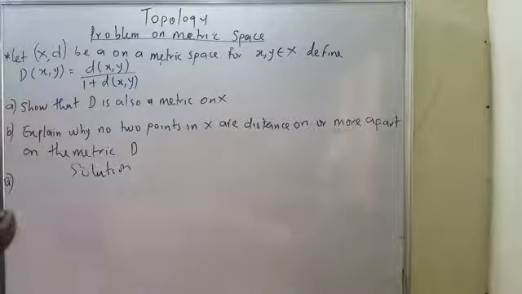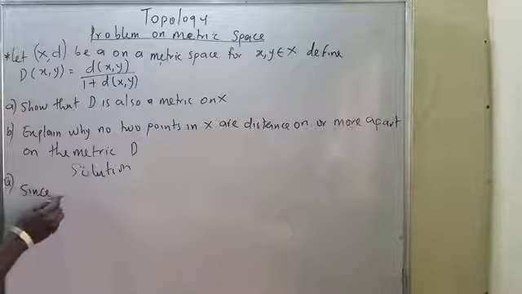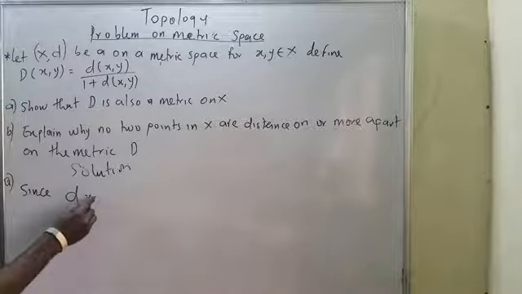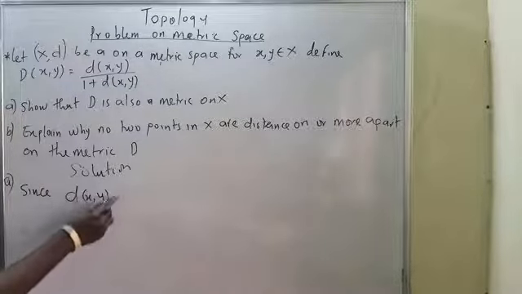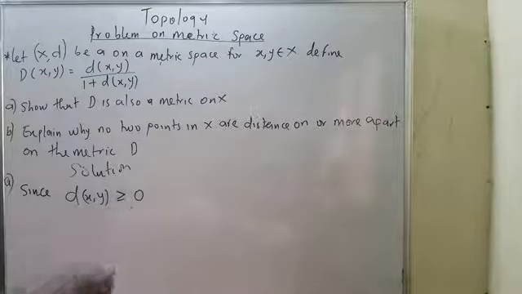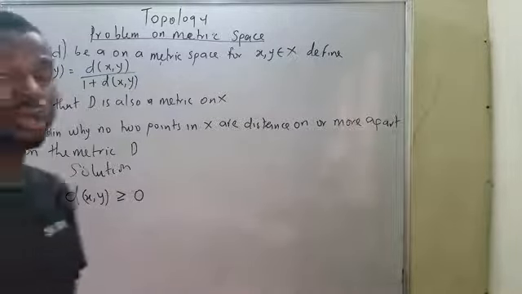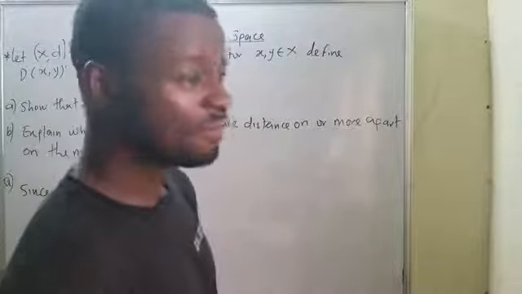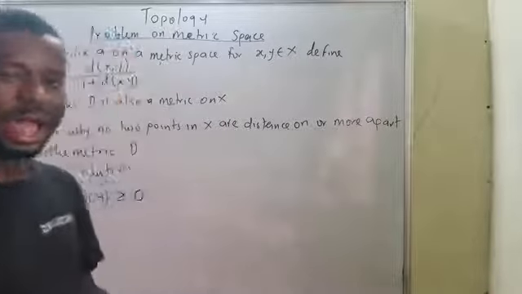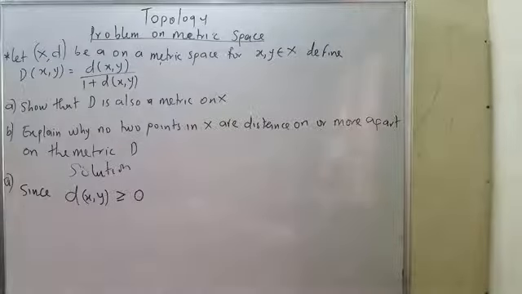The first one: since d of x, y will always be greater than or equal to 0, and I've told you that it can only be equal to 0 if and only if x and y are the same point, the same location.